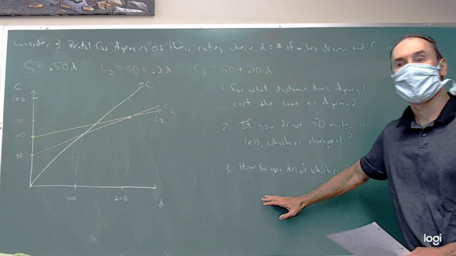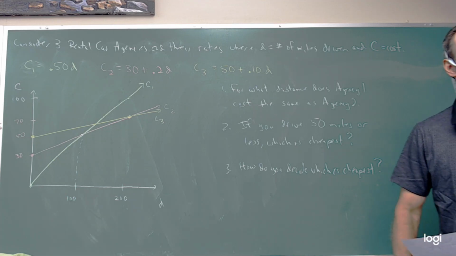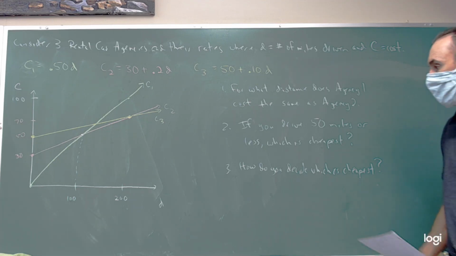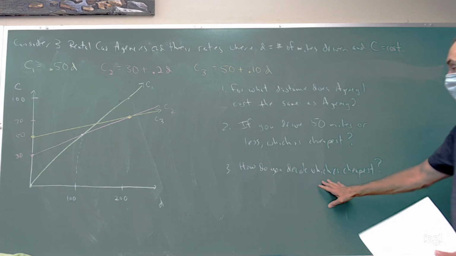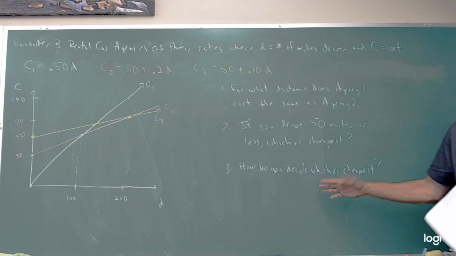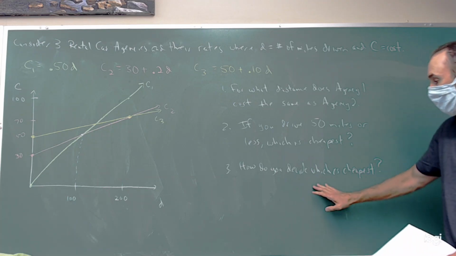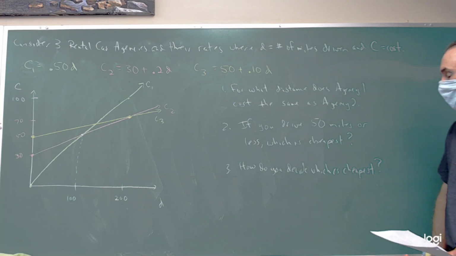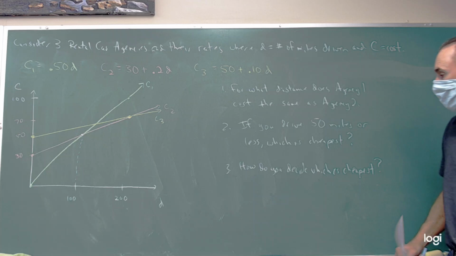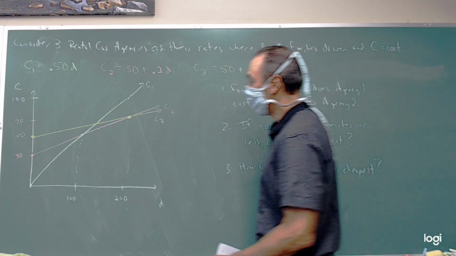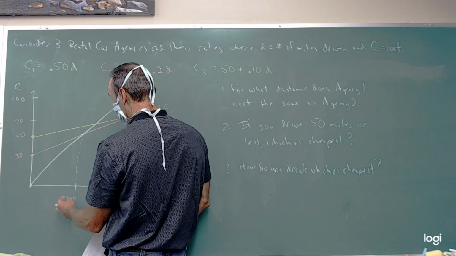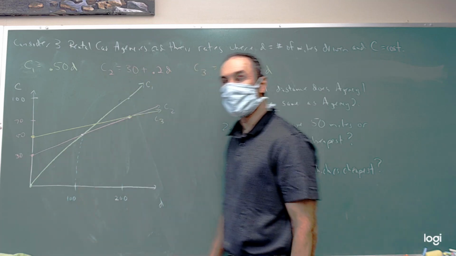And then how do you decide which is the cheapest? This is kind of the question here that gets to the heart of things. So now the hard part, I think, if you're really doing this for real, is, do you know how many miles you're going to drive? Sometimes you may not know that, but probably you have some idea anyway what your use is going to be. So the cheapest then between 0 and 100 is going to be this green line, right?